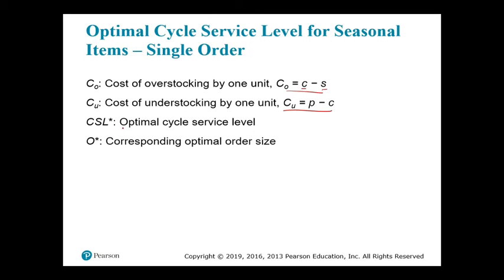The optimal cycle service level is denoted by CSL star. Optimal order quantity is O star. We have shown that CSL is the probability of demand being less than O star, right?